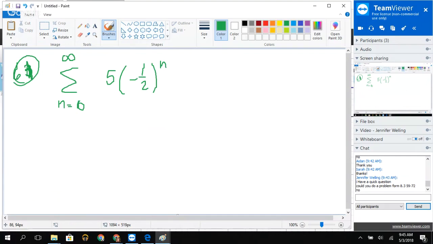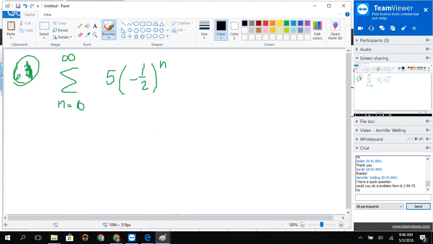Okay. So when we have this, they call this the sum of an infinite geometric series. Obviously, it's infinite because we're adding all of the values up to infinity. There's actually a formula that we can use to find this.